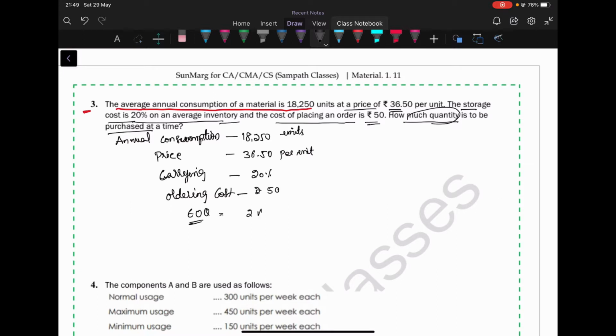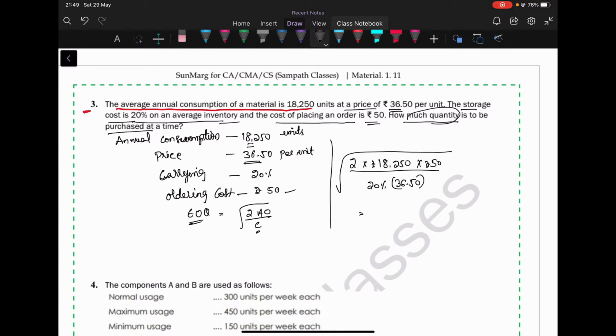The formula is square root of 2AO by C, as we have already seen. 2A stands for annual demand, that is 18,250, and O stands for ordering cost, 50 rupees, divided by C, which stands for 20% on the cost at which you are purchasing, 36.5, all under root.